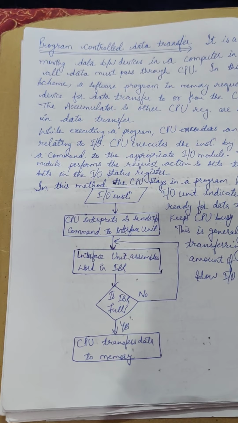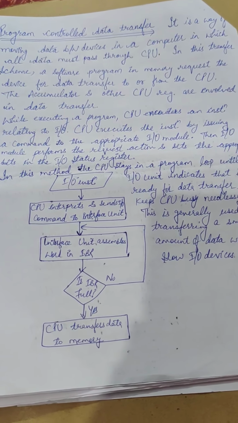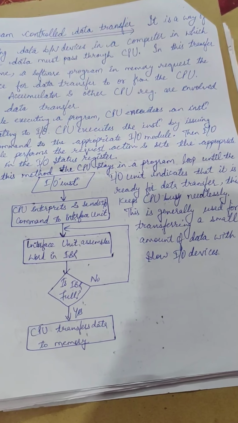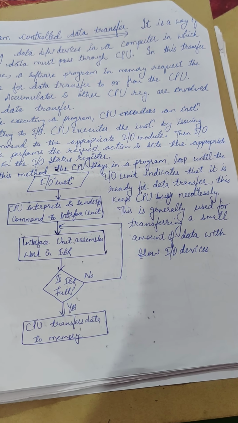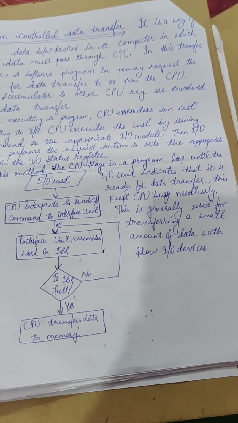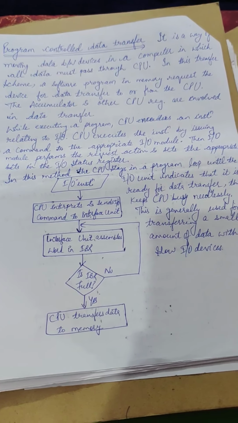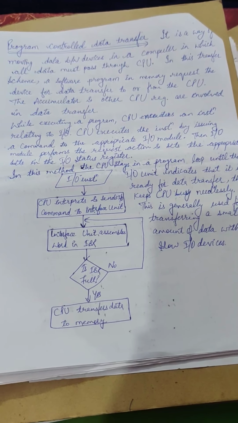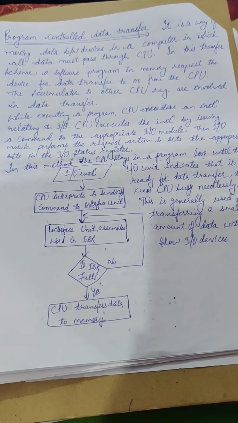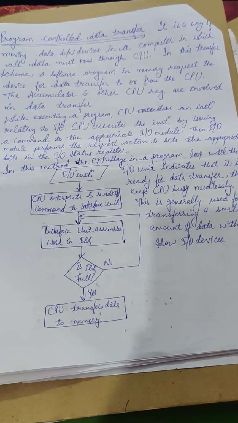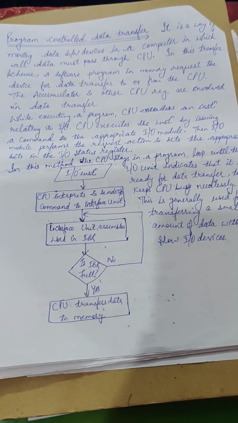Program control means the data transfer is done through program control. That means our processor or CPU has to be involved totally in data transfer activities. When data is transferred between devices or the computer, all the data must pass through the CPU.